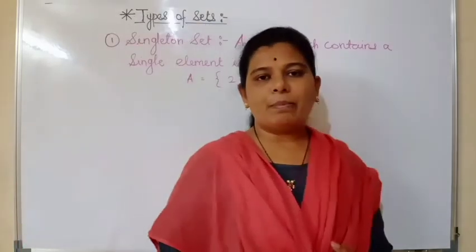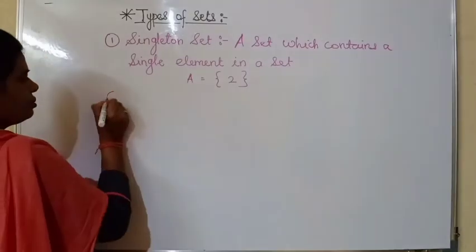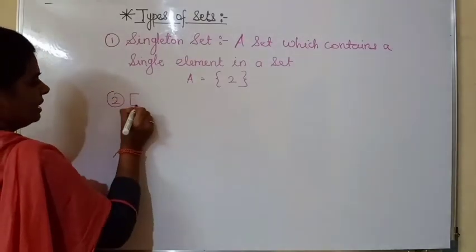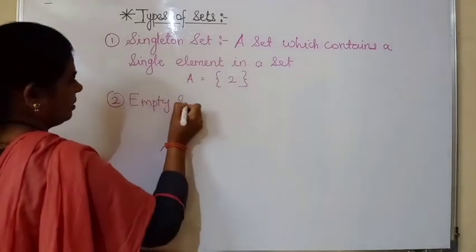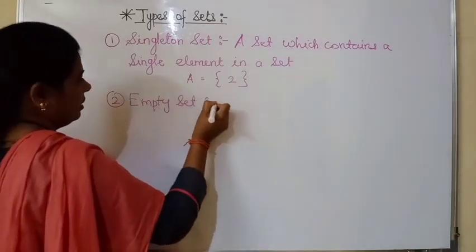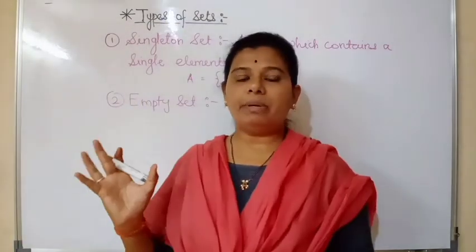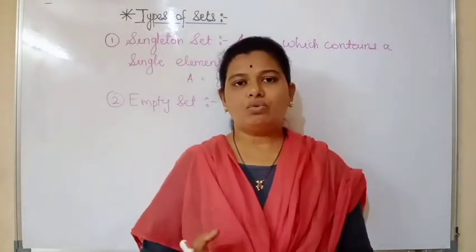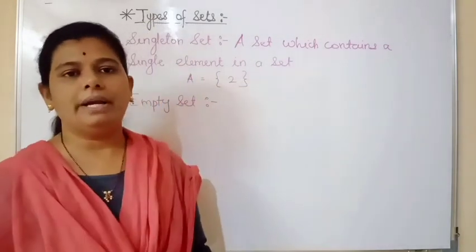Now the second type of set which we are going to study is the empty set. As the name tells us, it is empty. Means there is not even a single element in the set.